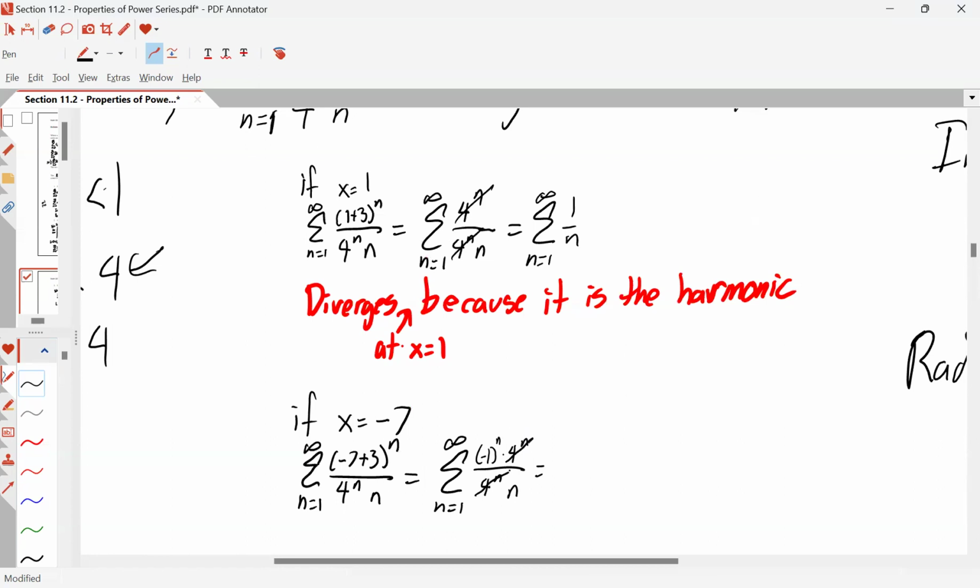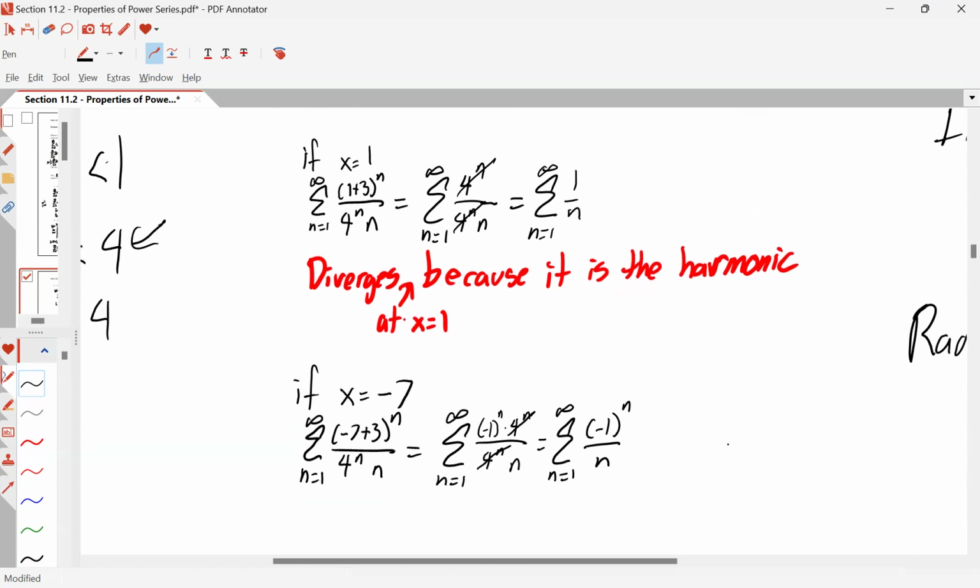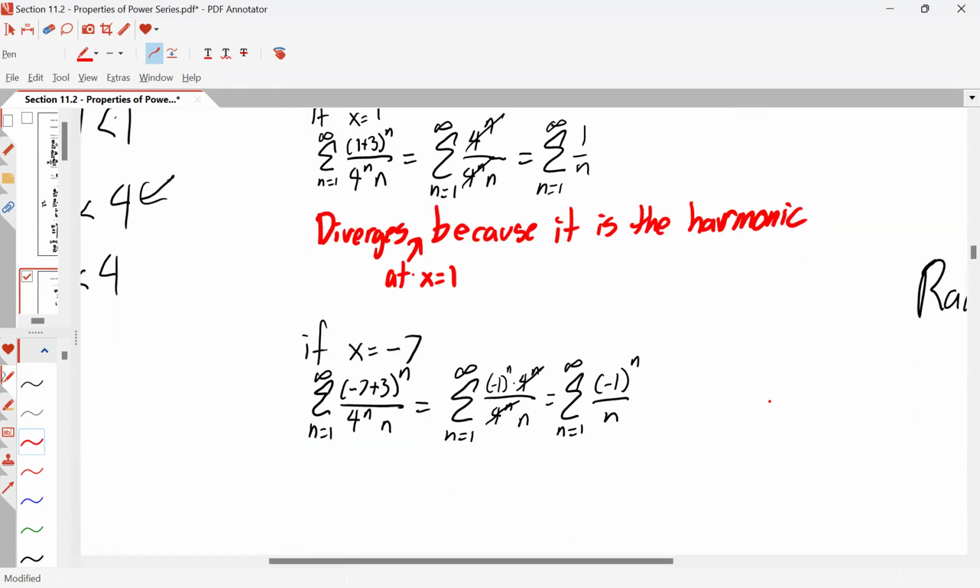The 4 to the n still cancel, but we now have this (-1) to the n. So this is the series n equals 1 to infinity of (-1) to the n over n. But we know the series (-1) to the n over n converges by the alternating series test, because it is the alternating harmonic series.